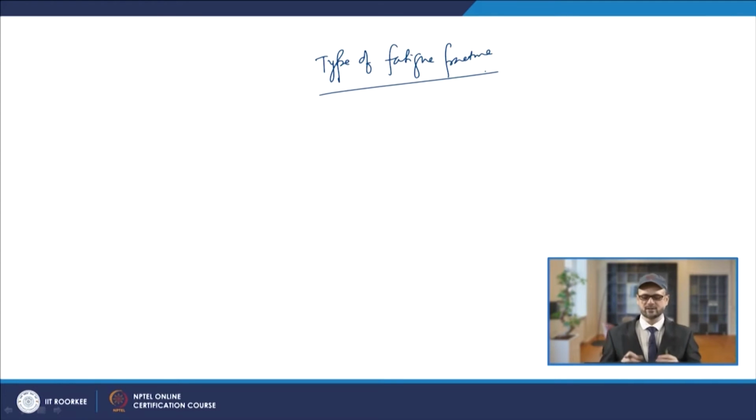The material is subject to a fluctuating load, and it sustains it for a number of cycles, and only that way do you estimate the fatigue life of the component.